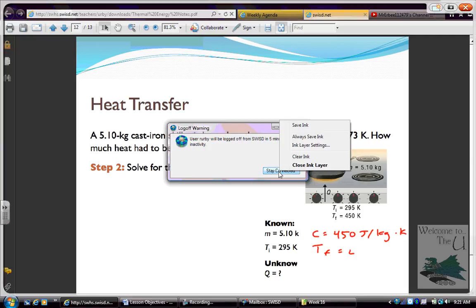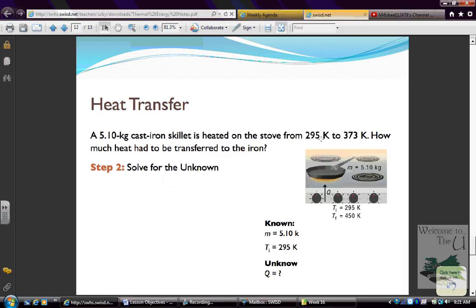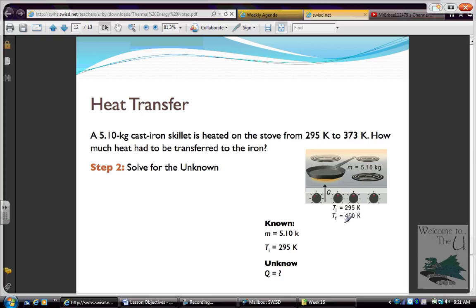We've actually made a mistake here. The 373 Kelvin, they must have mixed up 450 from the iron thing. So I'm sorry for that mess up in the example. So this should be 373 Kelvin. And again, the specific heat is equal to 450 joules per kilogram times Kelvin.